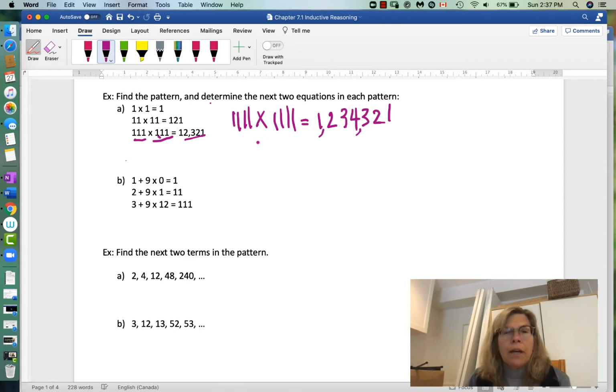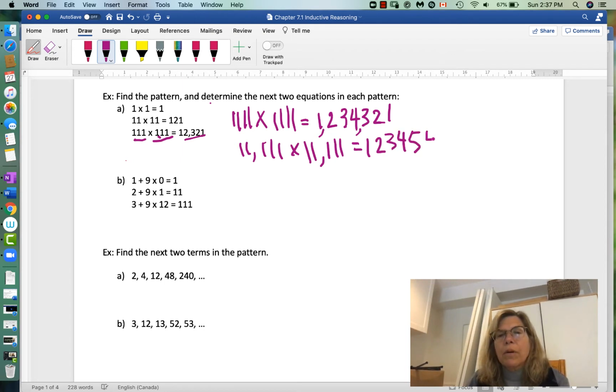That follows the pattern, and it's also true. If you go to your calculator and punch in the numbers, you're going to see that 1,111 times 1,111 equals 1,234,321. Okay, so let's do one more. 11,111 times 11,111 equals, and what would that equal? 123,454,321.